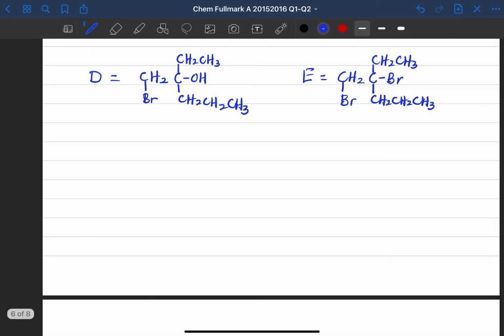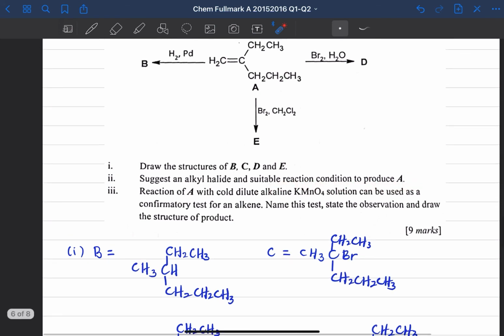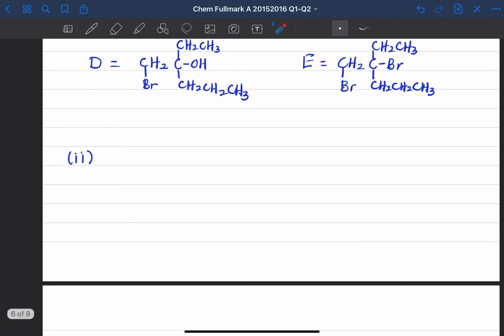Okay, then number two, suggest an alkyl halide and suitable reaction condition to produce A. So actually for number 2, we have more than one answer.